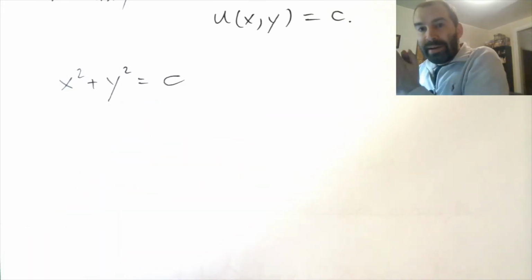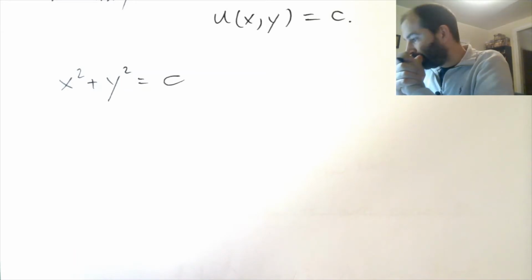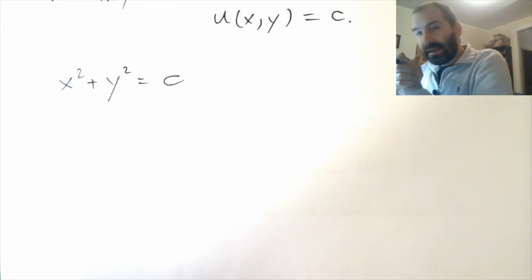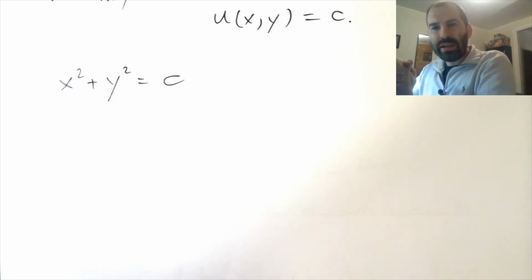Now, I want to find those orthogonal trajectories. Well, orthogonal, what does that mean? I know that two lines are orthogonal when their slopes are related in a nice way.